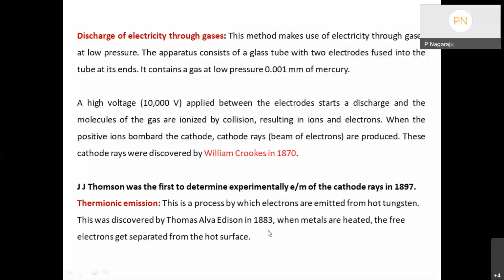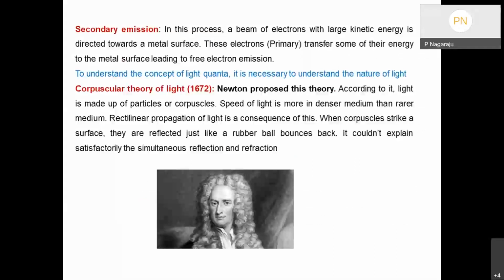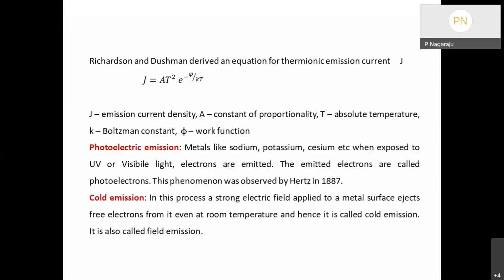When metals are heated, the free electrons get separated from the hot surface. And also you know about the Richardson-Dushman equation, and actually they derived an equation for thermionic current.